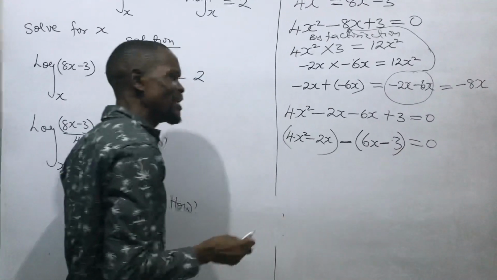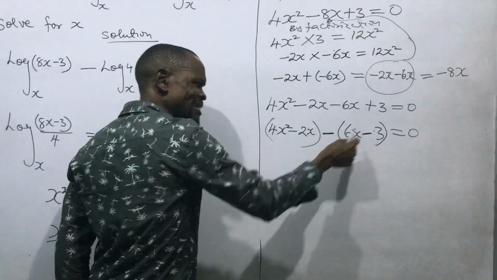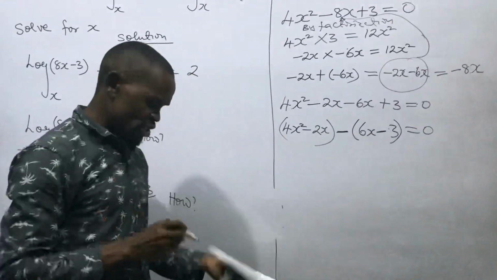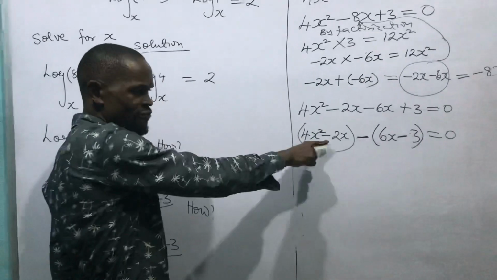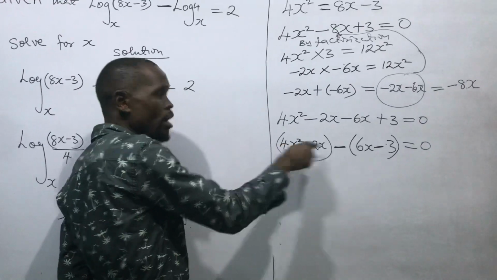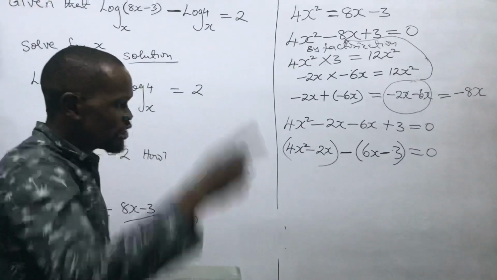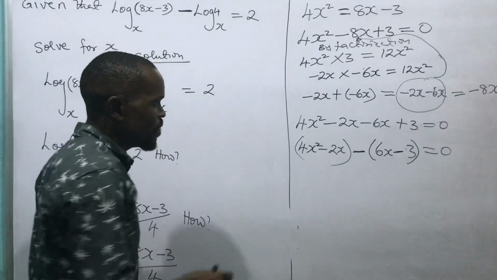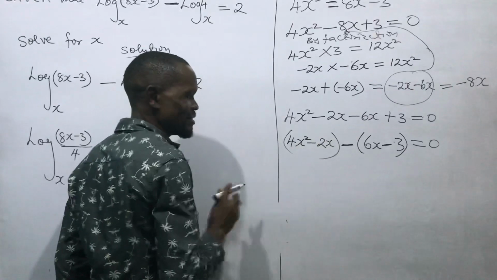You remember what I said? The sign that is in the first bracket must be the sign in the second bracket. Don't make such a mistake any time you are doing factorization. The sign in the first bracket, which I see now is minus here, must be minus here. I said it in the other subsequent ones we have solved before. So now, since minus is here, minus will be in this bracket.